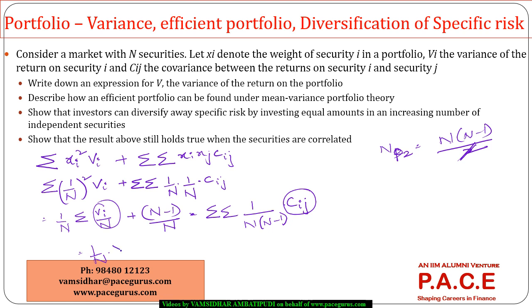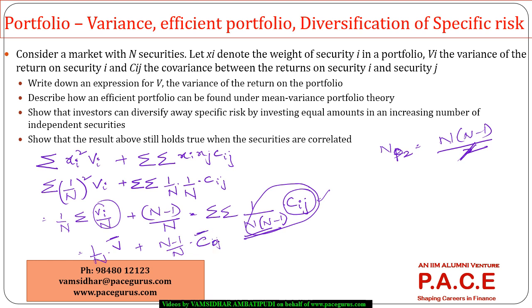So I can look at this expression as 1 by n times this, which I can take as the average variance, V bar, and n minus 1 by n times this, which I'll take as the average covariance, because we have n into n minus 1 covariances that we are representing, and when I divide the same by n into n minus 1, I can take it as the average covariance across.